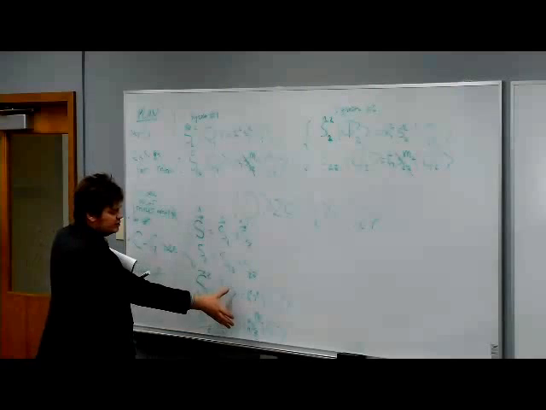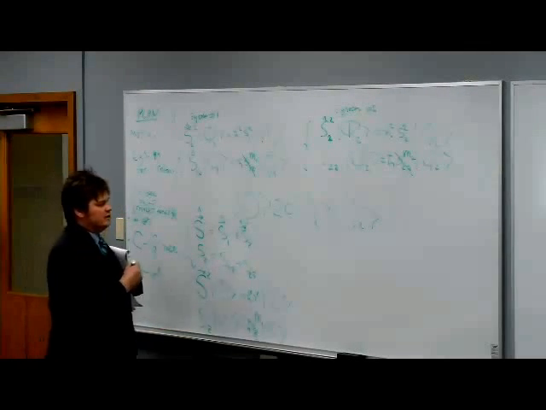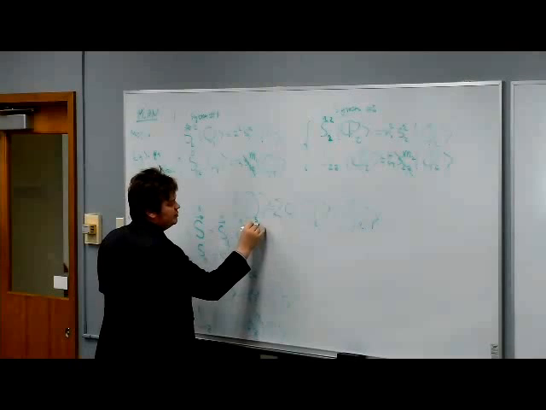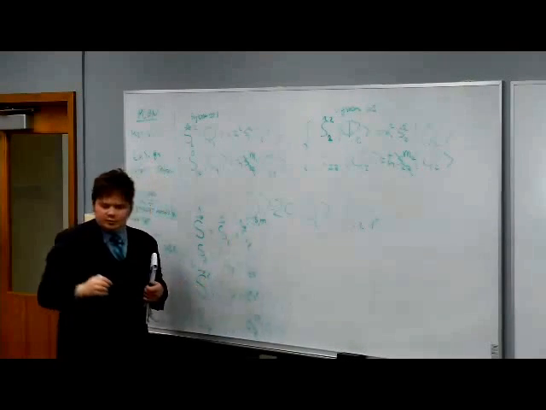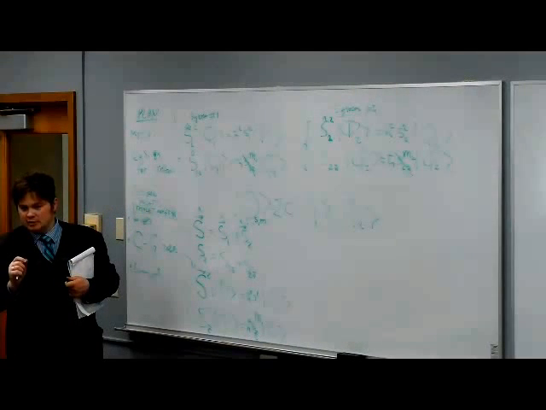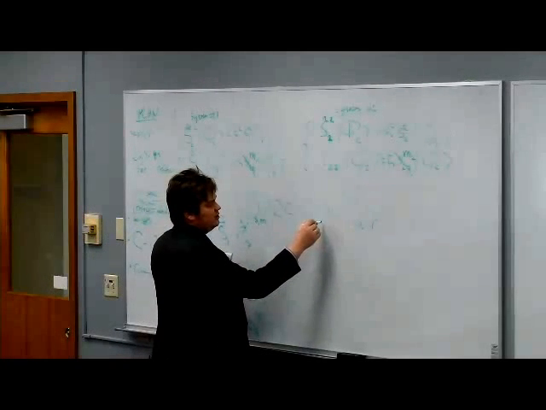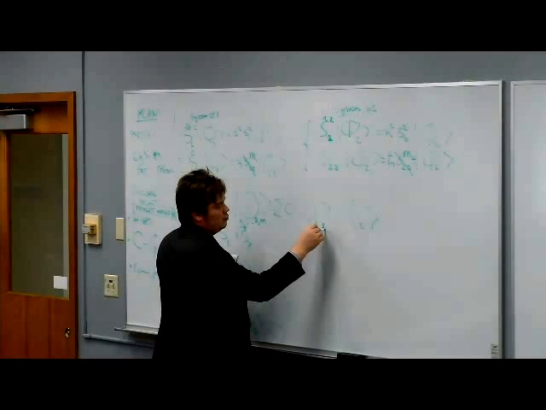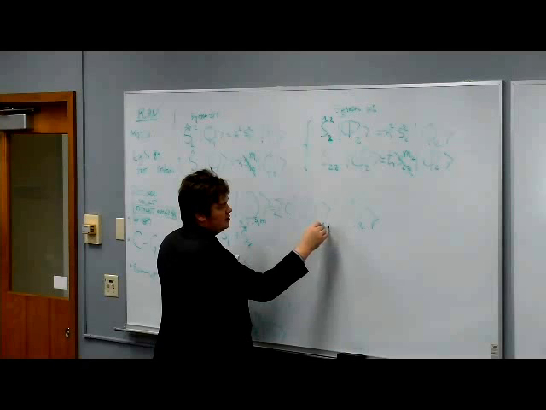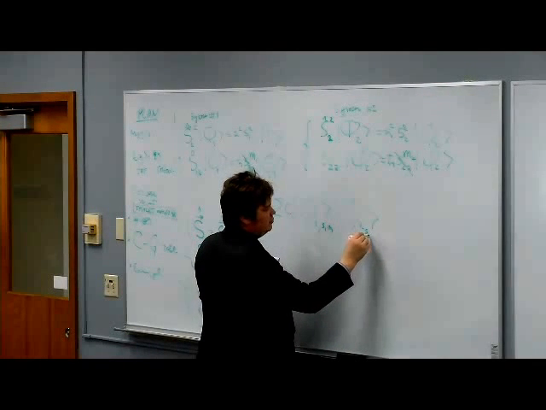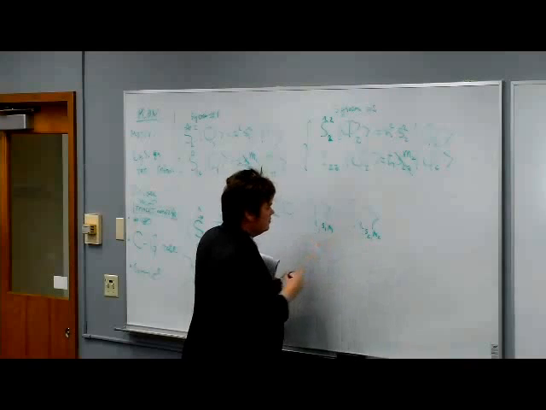So this solution for the combined system is labeled by total spin and its projection on the z-axis, the magnetic quantum number. For system 1, it is S1 index and M1 index. And here it is S2 index and M2 index.